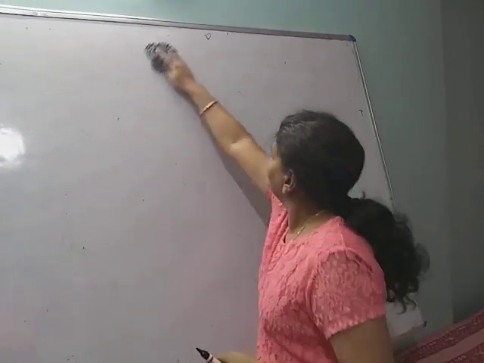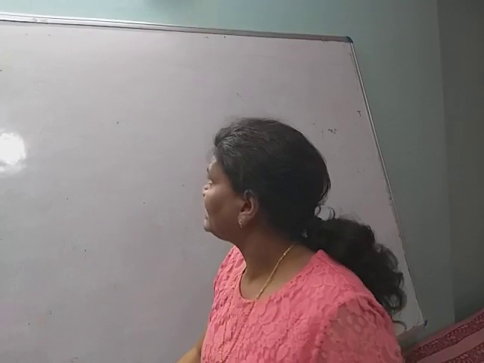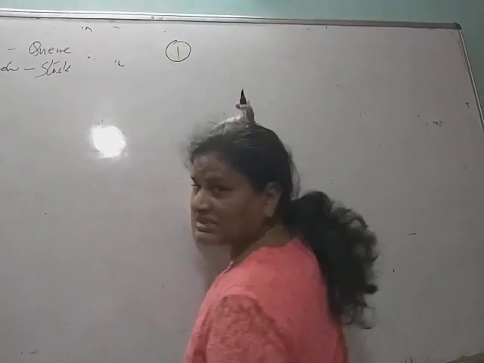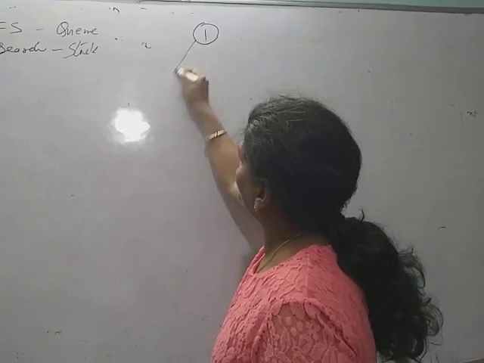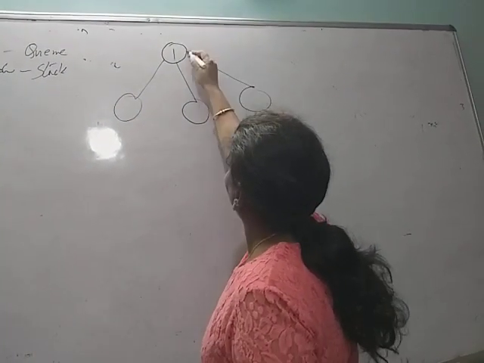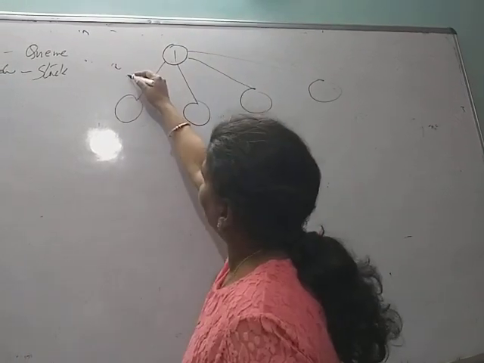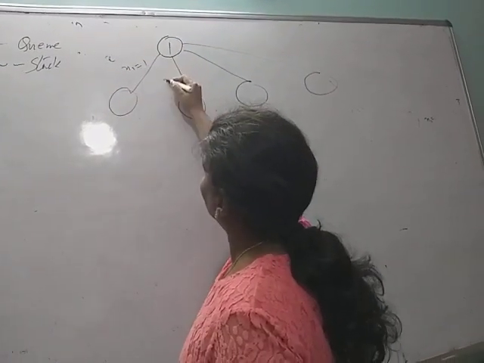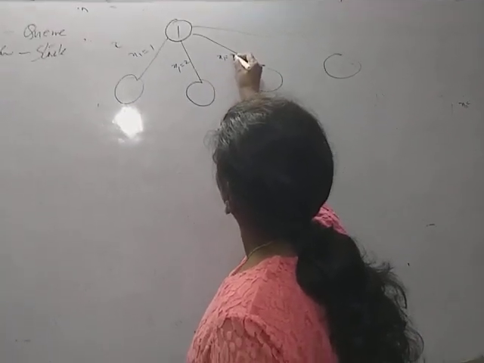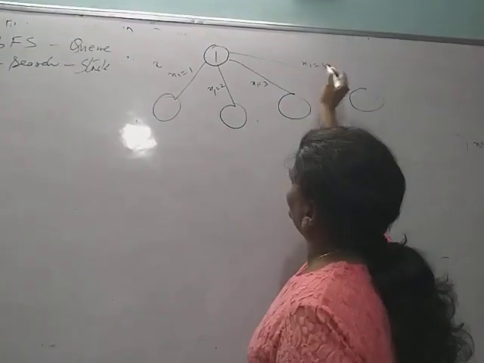Of course, first this node will be fully explored. Again I am taking the example of the 4-queens problem. X1 equal to 1, X1 equal to 2, X1 equal to 3, X1 equal to 4.